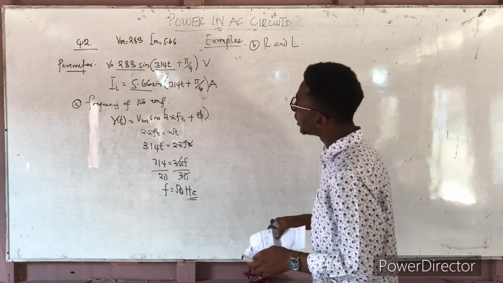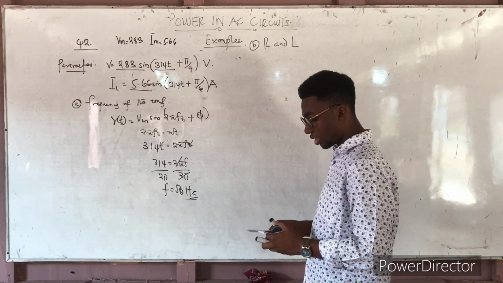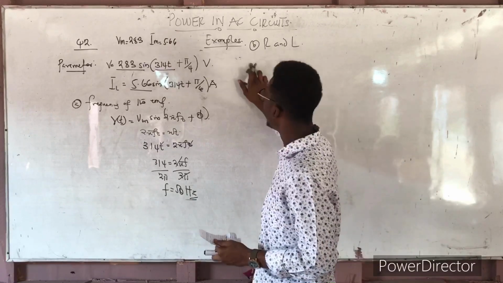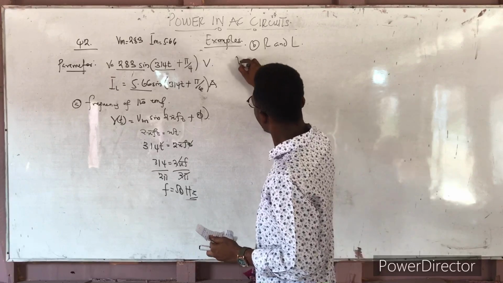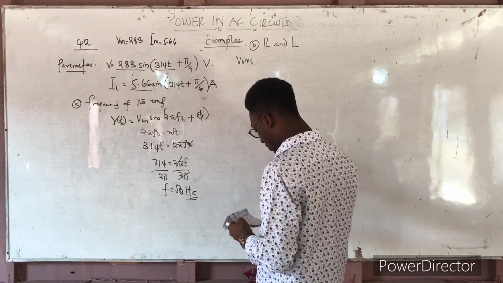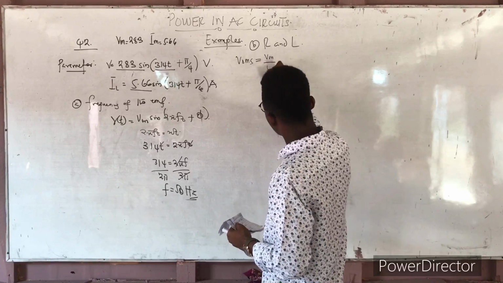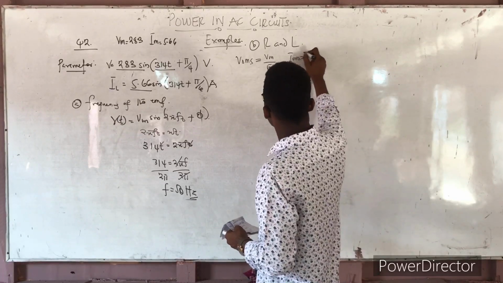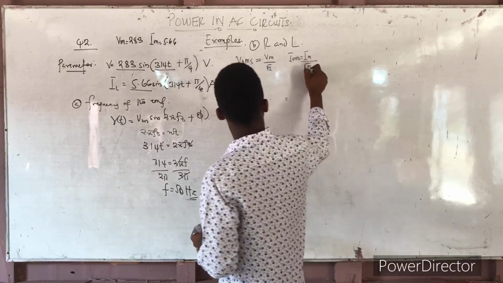Okay. Now how do you go about calculating the reactance and the inductance? We have to convert the voltages into their respective RMS values. From previous videos, we learned that the VRMS voltage is equal to the peak voltage on root 2, and the IRMS current is equal to the peak current on root 2.